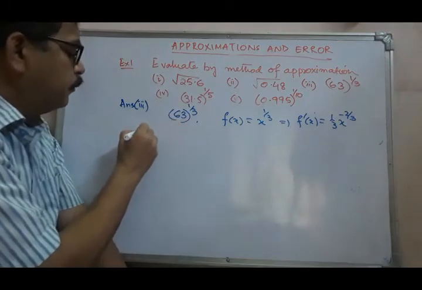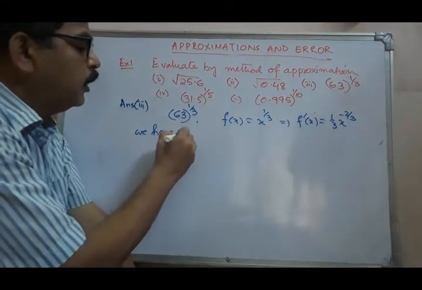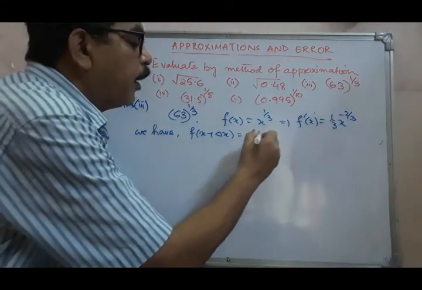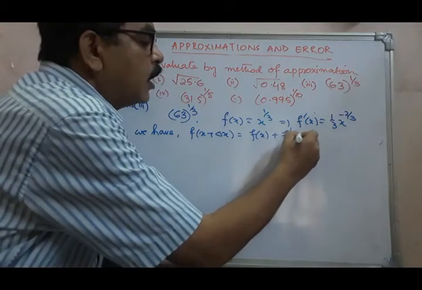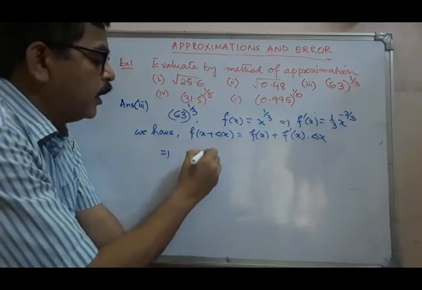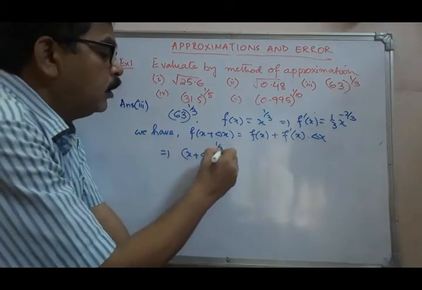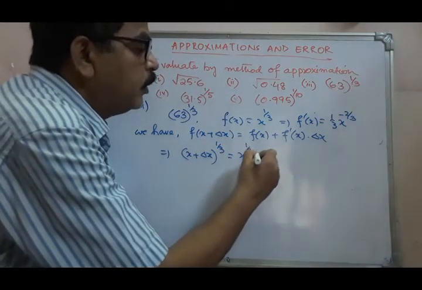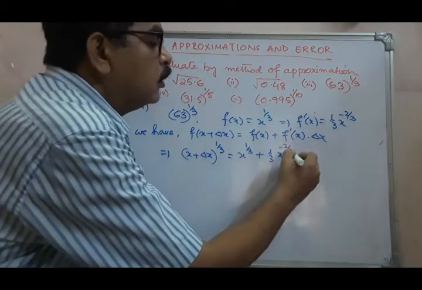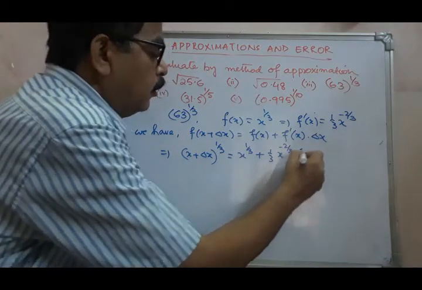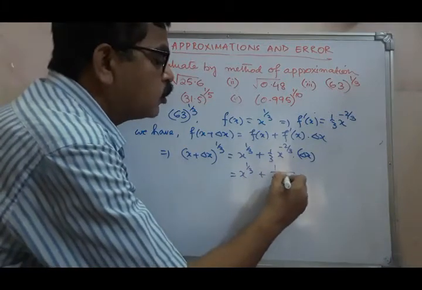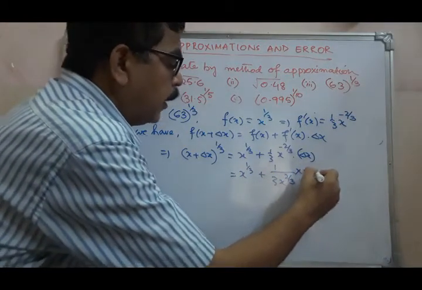So now we have the relation f(x plus delta x) equal to f(x) plus f dash x into delta x. So replacing the value, (x plus delta x) whole to the power 1 by 3 equal to x to the power 1 by 3 plus 1/3 x to the power minus 2/3 into delta x. Further we can write it as x to the power 1/3 plus 1 by 3x^(2/3) into delta x.